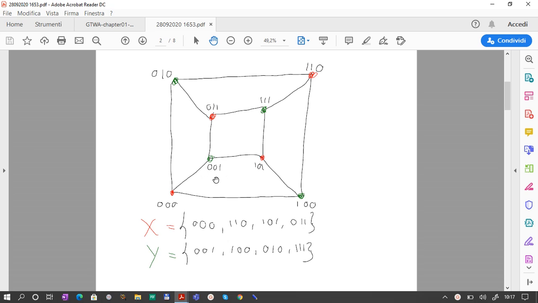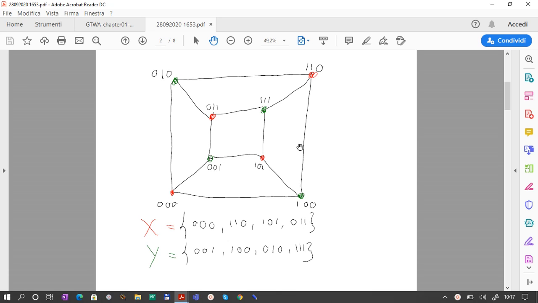We have that this triple belongs to Y, and this triple having one more 1, here it was an odd number of ones. Here necessarily it becomes an even number of ones, and so it belongs to X. Okay.